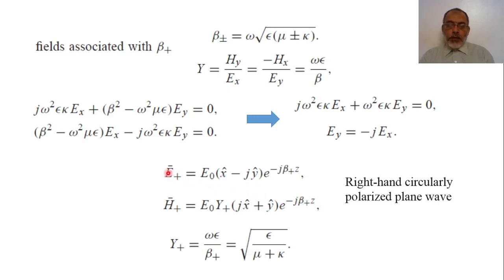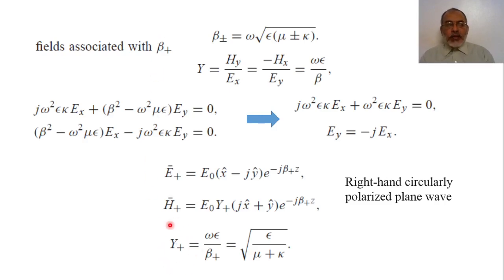As I said, this plane wave is simply a right-hand circular polarized plane wave. This means that the propagation constant beta plus corresponds to a right-hand circular polarization propagating inside the ferrite medium, in the same direction of the DC biasing magnetic field.